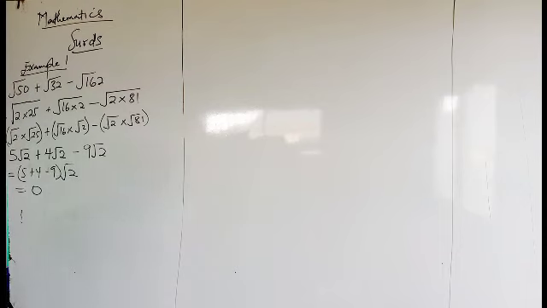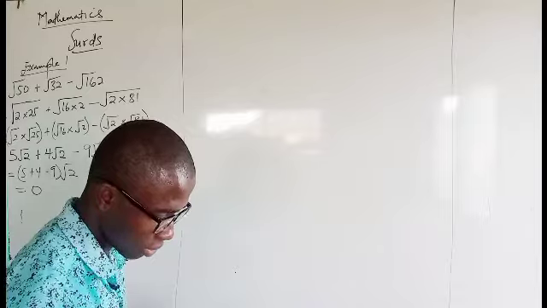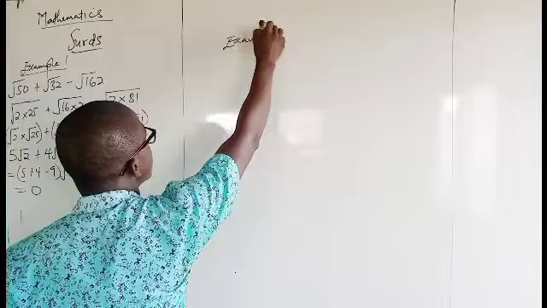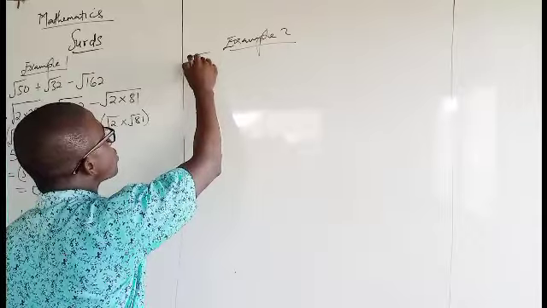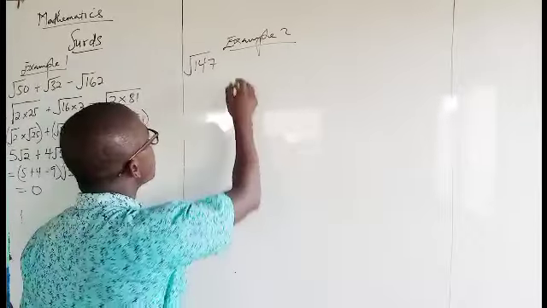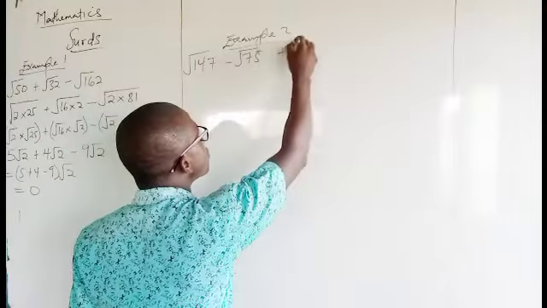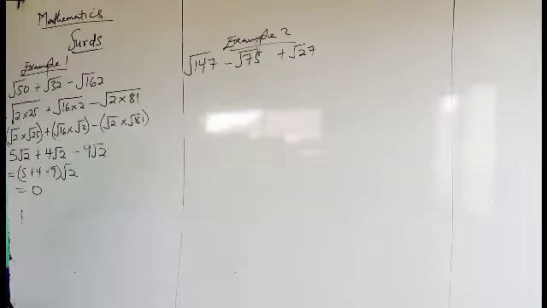Now, let's take a different question. Let's see how it tends to be. Let's look at example 2: square root 147 minus root 75 plus root 27.